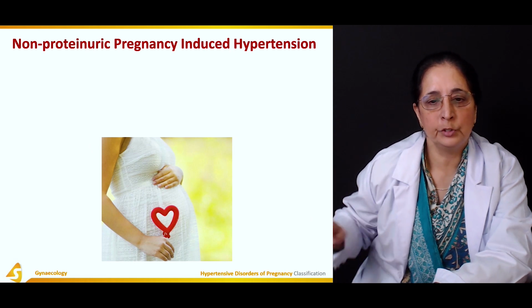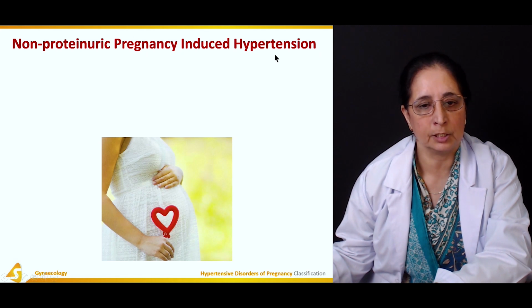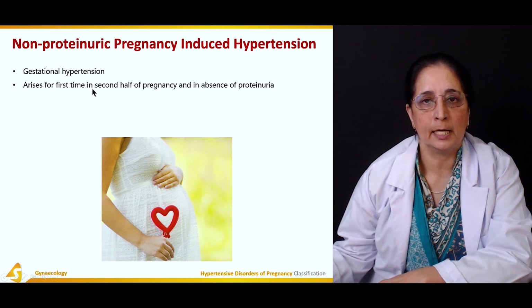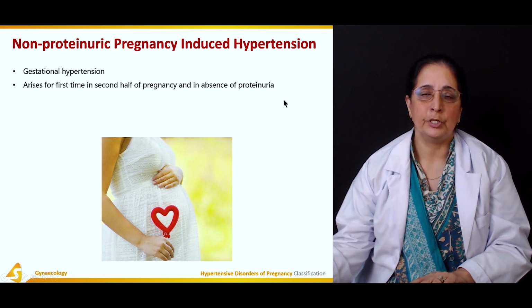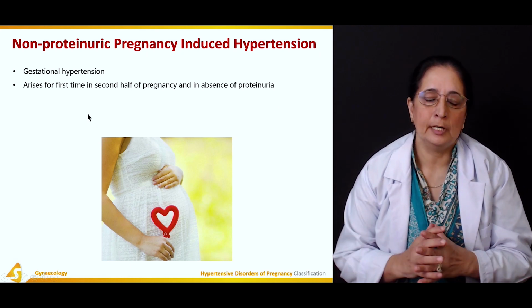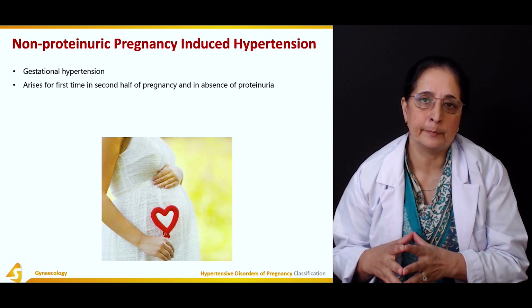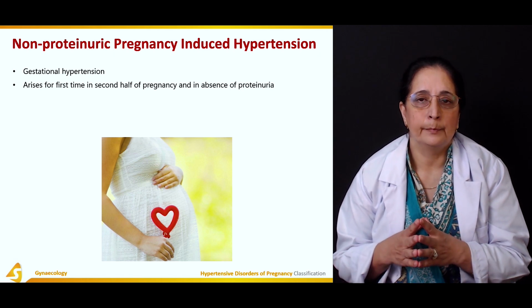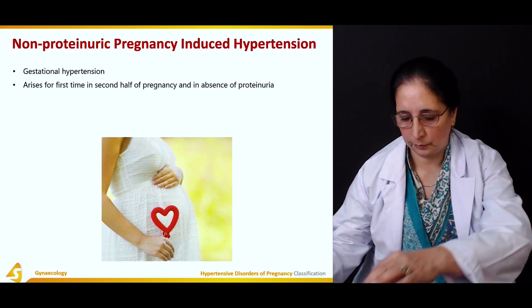The non-proteinuric pregnancy-induced hypertension, gestational hypertension, arises for the first time in the second half of pregnancy in the absence of proteinuria.